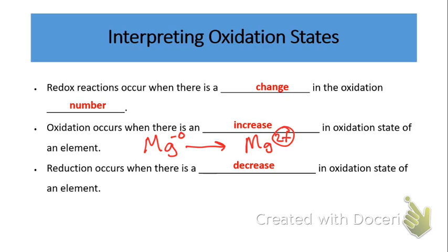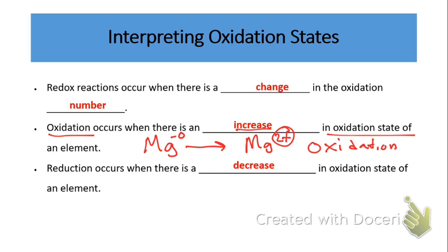So there's been an increase in the oxidation state, and if there's an increase in the oxidation state, the element has been oxidized. All right, so oxidation has occurred here with magnesium.